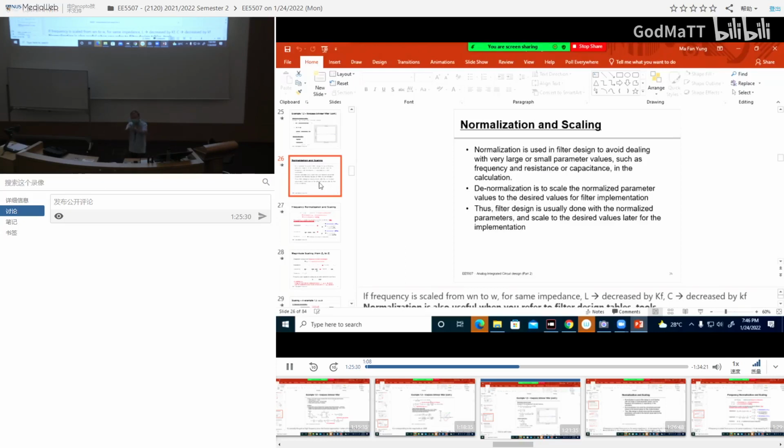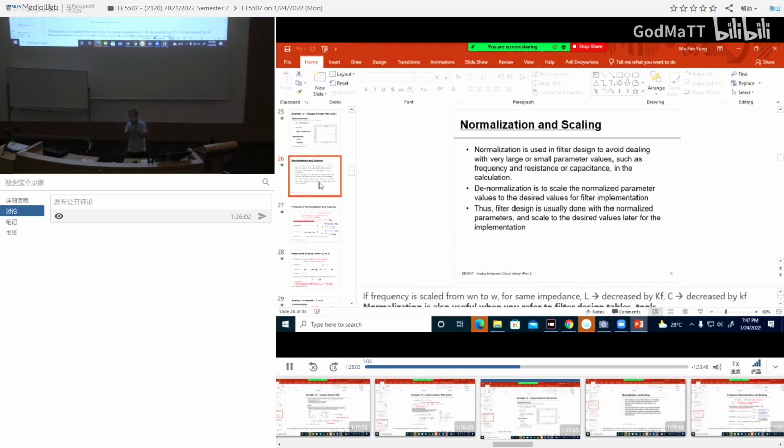And to handle all these different cases, they use this concept called normalization. That means the table allows you to design a low pass filter with a cutoff frequency at a normalized frequency of, let's say, 1 kilohertz. Once you have this, you can then denormalize to get a different cutoff frequency, whether you want 1 kilohertz, 100 kilohertz, or 200 kilohertz.